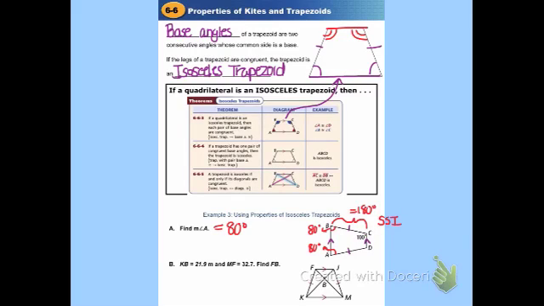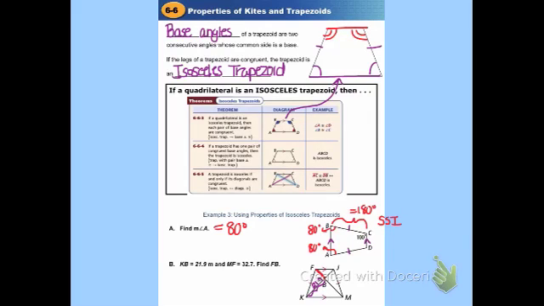How about example B? So in example B, we want to find the length of FB. And here are the parts that were given to us. We know that KB, so from here to here, this part right there, is 21.9.